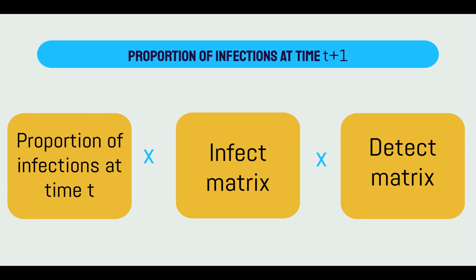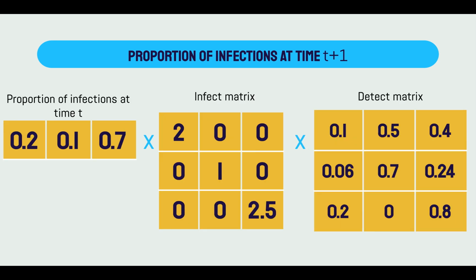So now that we have these pieces, in order to calculate the proportion of infections at time T plus 1, we can take the proportion of infections at time T times the infect matrix times the detect matrix. In this case, the proportion of infections at time T was 0.2 in the detect compartment, 0.1 in the quarantine compartment, 0.7 in the community compartment, times this infect matrix, which has those effective R values on the diagonal, times this detect matrix that includes the probabilities we calculated based on those omegas and rhos.